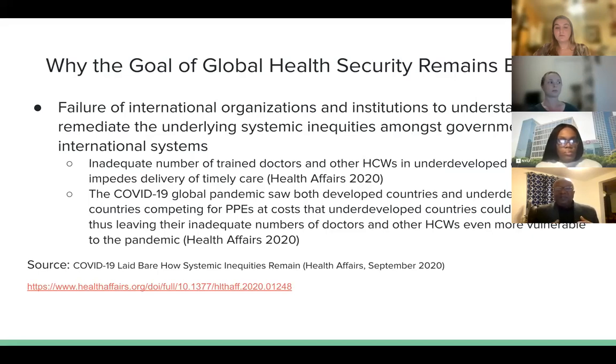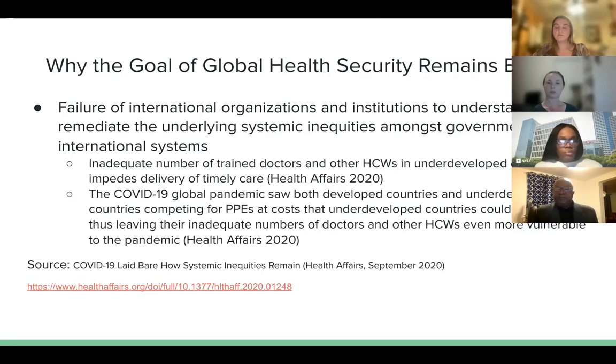There are lots of health institutions within the United States and in other developed countries that all work together to make sure that the goal of health security is attained. This is not the same thing with other countries. Other countries, for example, Sierra Leone and Liberia, are just now beginning to even understand how to create these institutions in the face of the 2014 Ebola outbreak and now the COVID-19 outbreak.